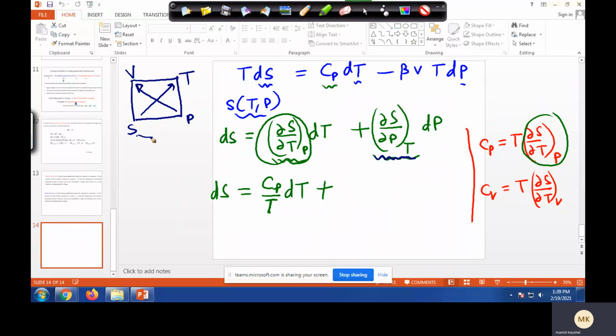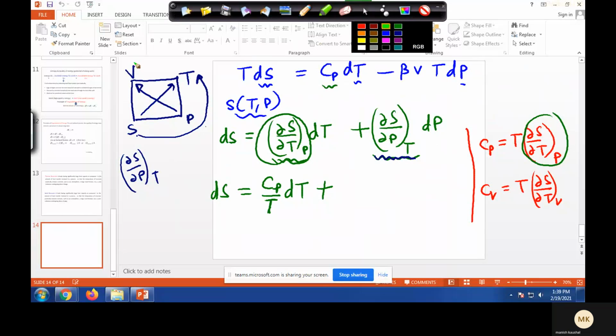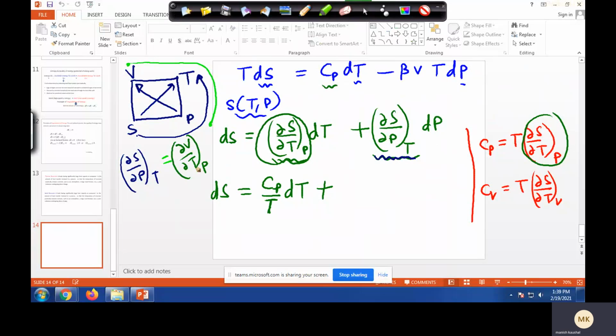S, P, T, right? So we go this way: dou S by dou P at constant T, and take a break, move one variable ahead and come here, P, three variables, is equal to dou V by dou T at constant P, starting from V. And what about sign? You see the S arrow is going away, plus sign. You see the V arrow is coming in, a minus sign.